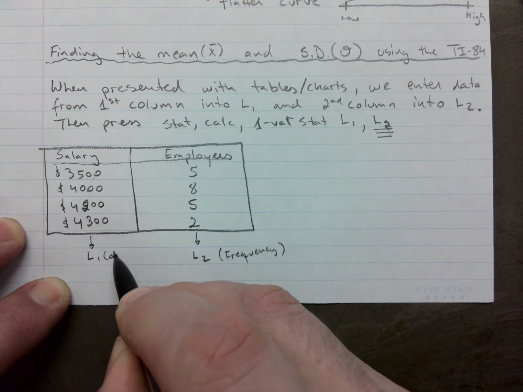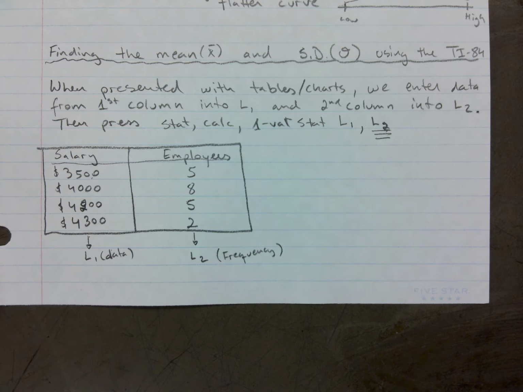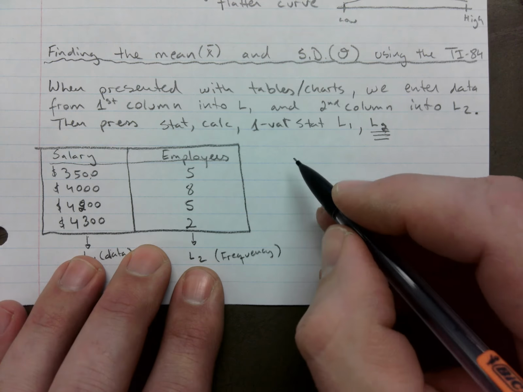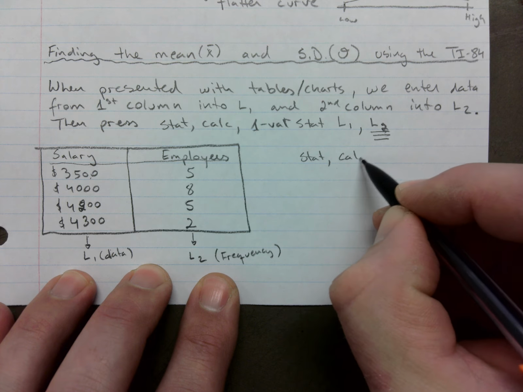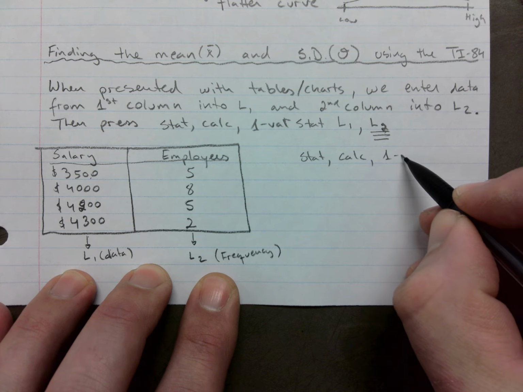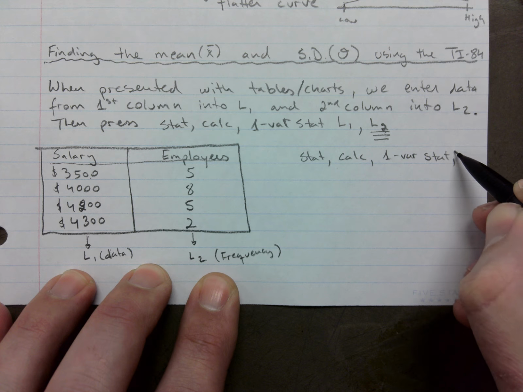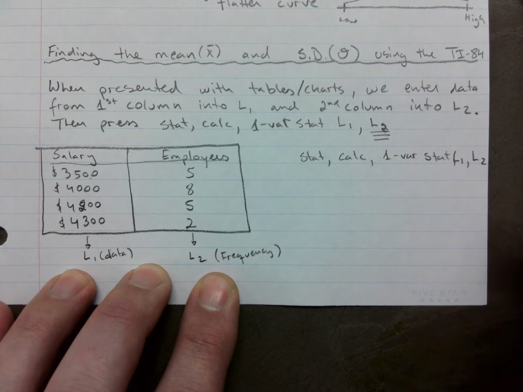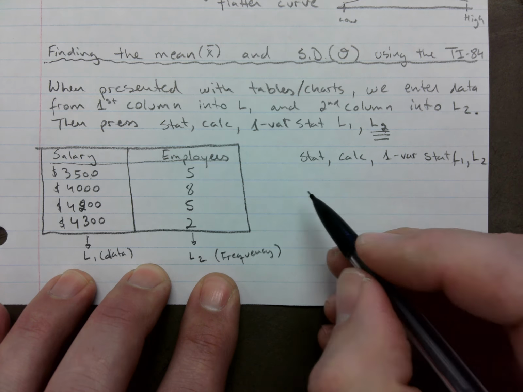And this is the data that we're talking about, the dollar amount, right? So we go stat, calc, one variable stat, L1, comma, L2. Don't put a comma between, like the first one, just L1 as you always have.